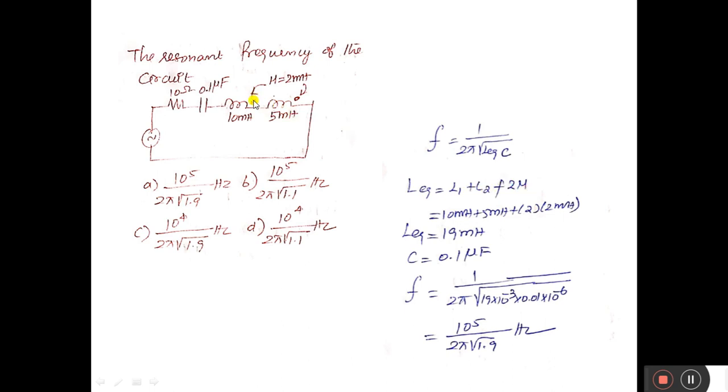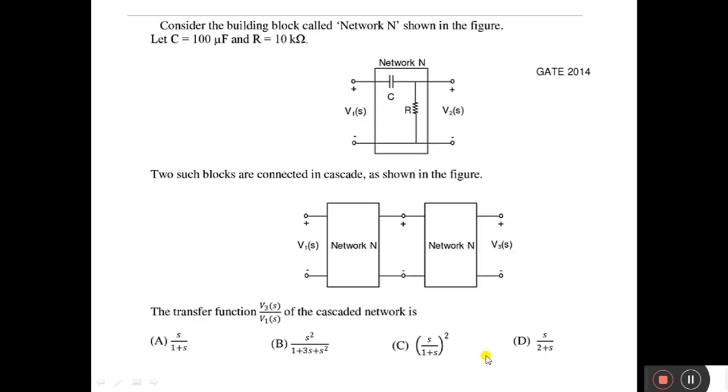If the dot is located only here, then you put minus here. So I put in all the values: 10 millihenry, 5 millihenry, and 2 into the M value, 2 millihenry. You will get an equivalent value of 19 millihenry. The C value is also given, 0.1 microfarad. The formula is 1 by 2 pi root of L equivalent into C. You will get 10 power 5 divided by 2 pi square root of 1.9 hertz. Option A is correct.